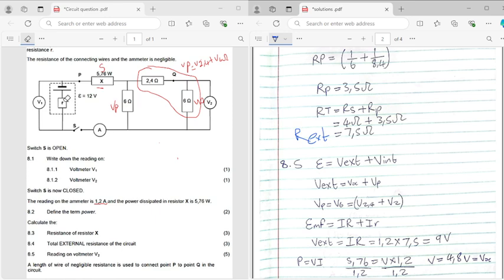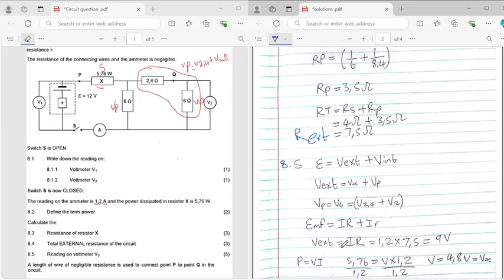So you can use the total external resistance and the total current to get the external voltage. That's how we get it, by multiplying the 1.2 total current by the total resistance, and this will give us 9 volts.